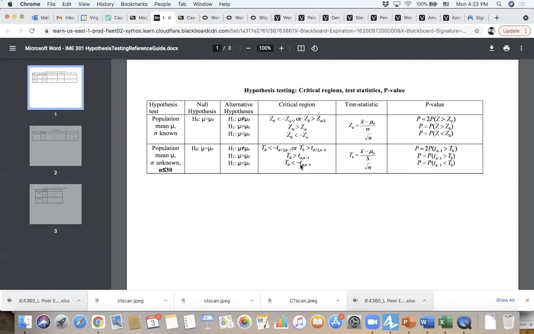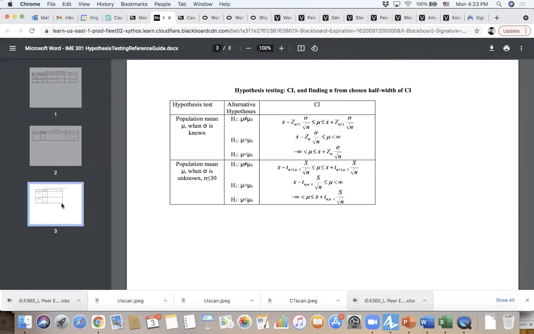If I ask any question regarding calculating the p-value, here is the formulation for the p-value. You calculated the test statistic t null already. You get this probability from the table, and you're all good to go.